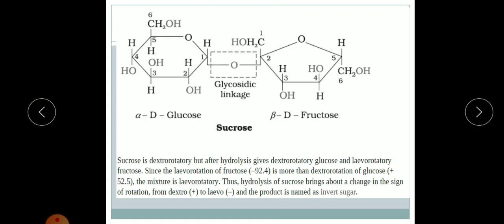If it is plus, that means the plane polarized light will rotate towards the right, so it will be dextrorotatory, and if it rotates towards left, then it is laevorotatory, or we denote it by negative sign. Because after hydrolysis of sucrose there is a change in the rotation from dextro to laevo, it is known as invert sugar. That is all about sucrose.